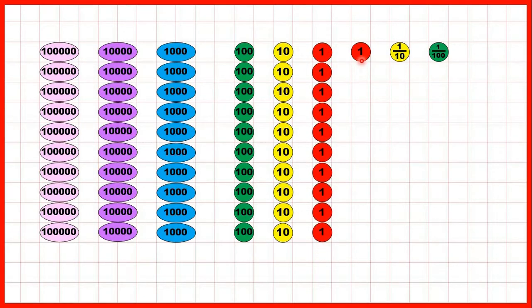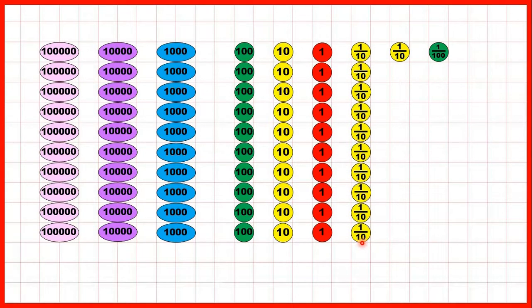And 1 one can be exchanged for 10 tenths. So now we're getting into decimal place value. Now I've written 1/10 on these counters, but I could also have written 0.1, because 0.1 is 1/10 in decimal form.